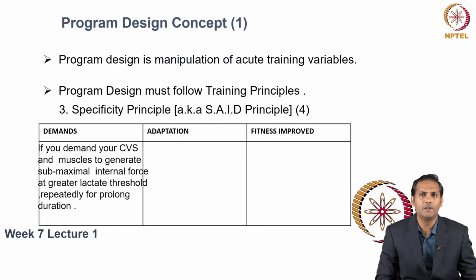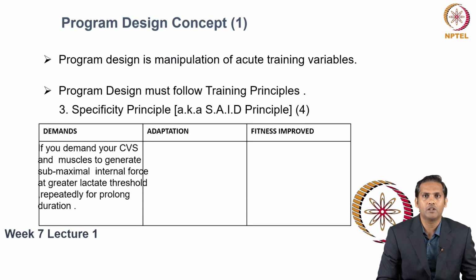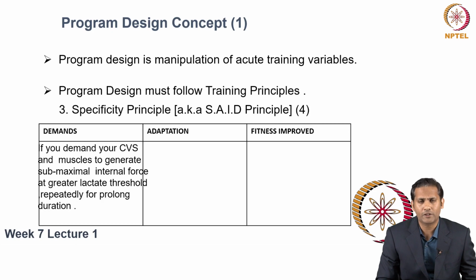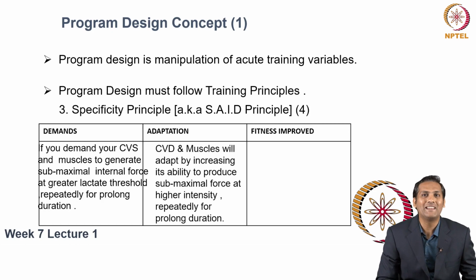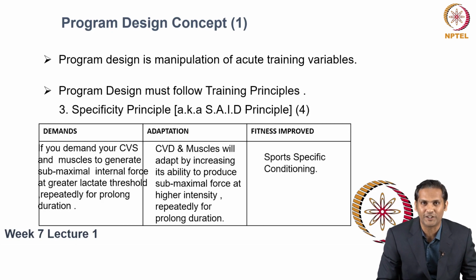If you demand your cardiovascular system and your muscular system to produce a submaximal internal force repeatedly at a greater lactate threshold in a short or a long bout, but for a prolonged interval of time, your body will adapt by increasing its ability to perform greater sport-specific conditioning.